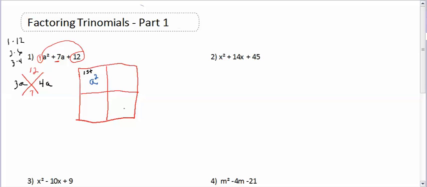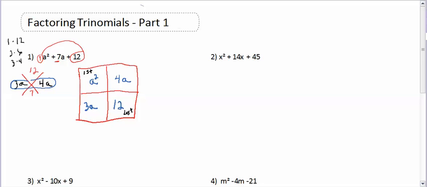At the bottom right-hand corner, this is always my last term, so in this case it's the number 12 that goes in this box. These two boxes are for the numbers on the side of our X, and it doesn't matter which order we put them in. Here's 4a and 3a.